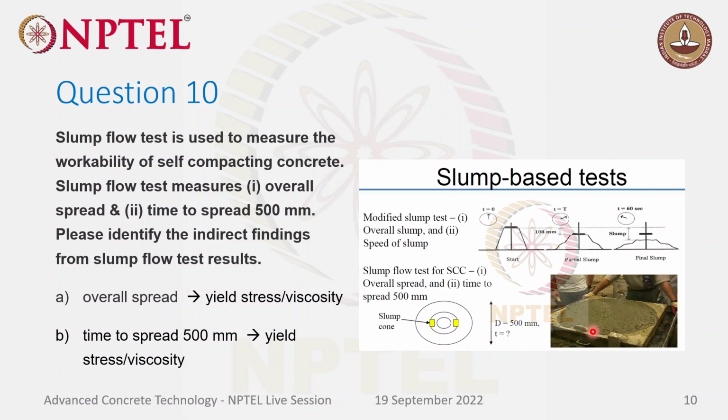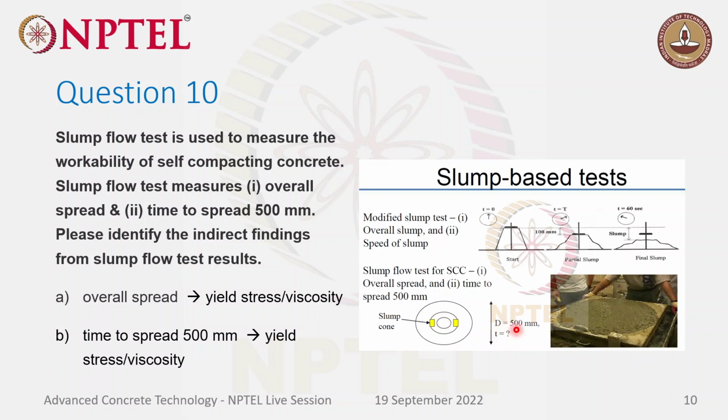When we did the test, we were able to achieve around 700 to 800 mm flow, and we also measured the time required once we lift the slump cone to reach the 500 mm. Initially we didn't do that, but then our professor recommended measuring the time required to reach 500 mm.